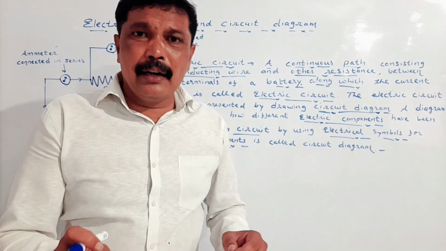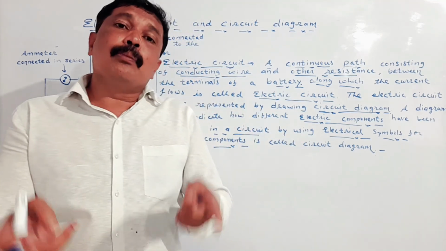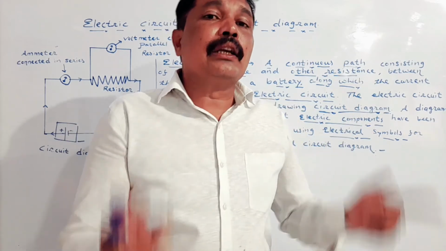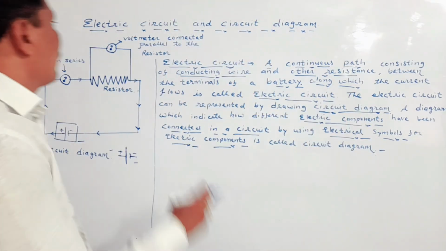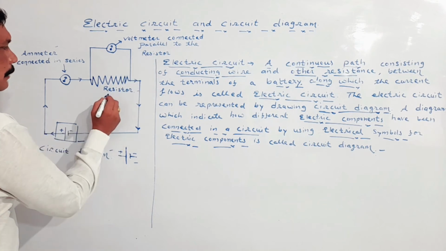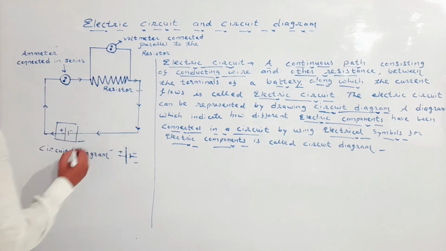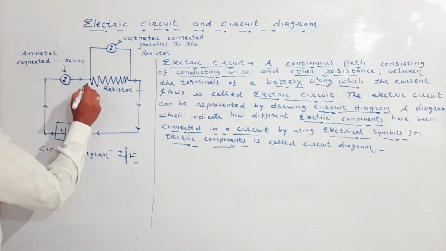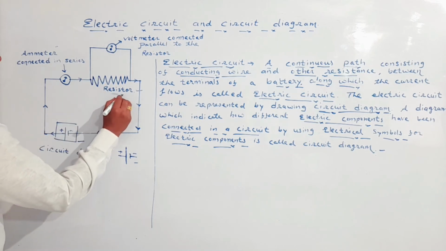This voltmeter which measures the potential difference between the two ends of the resistor is always connected parallel to the resistor. This is the voltmeter and it is connected parallel to the resistor.